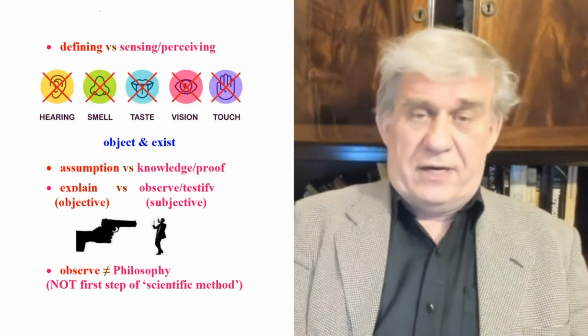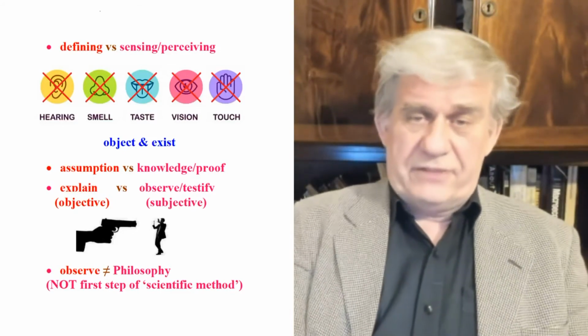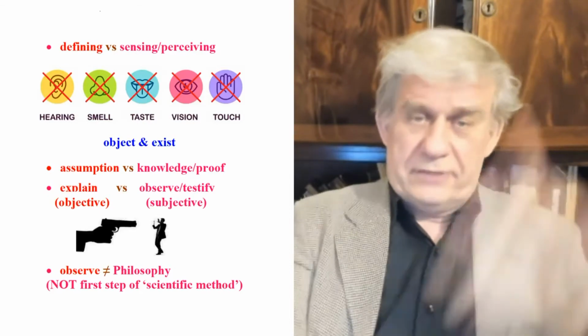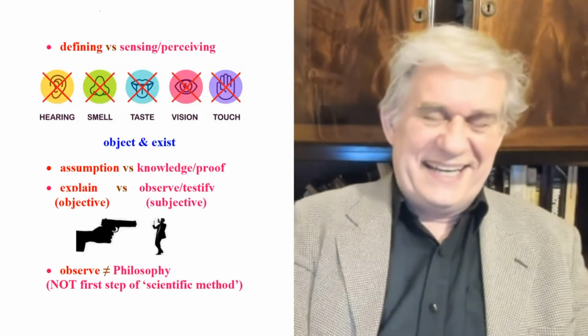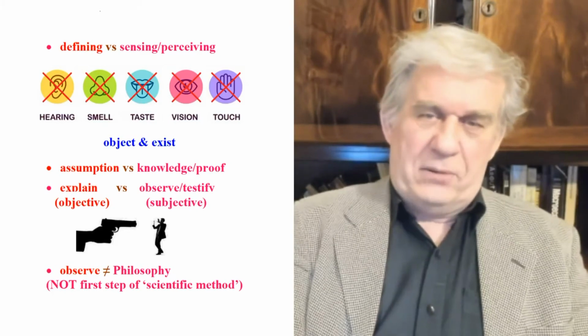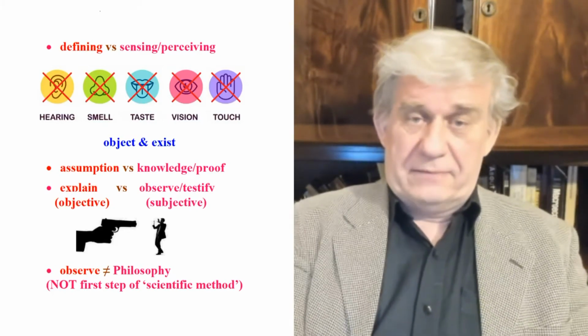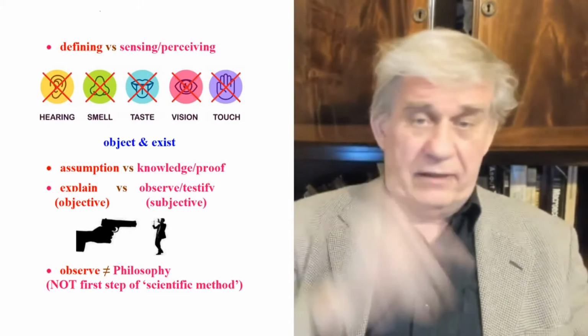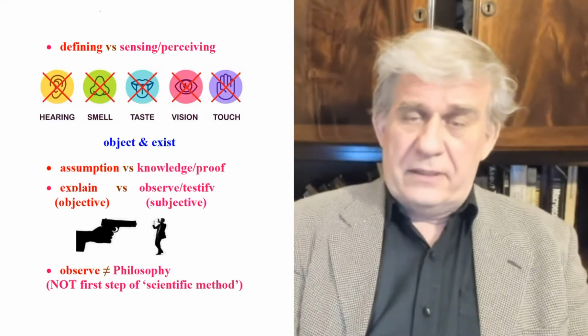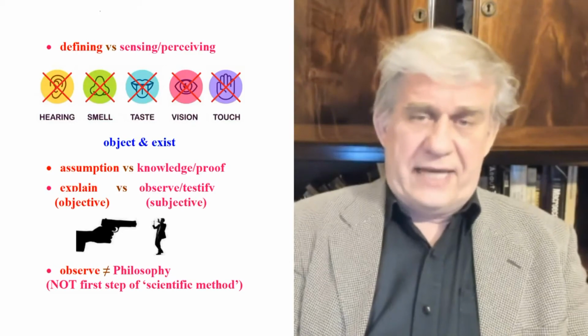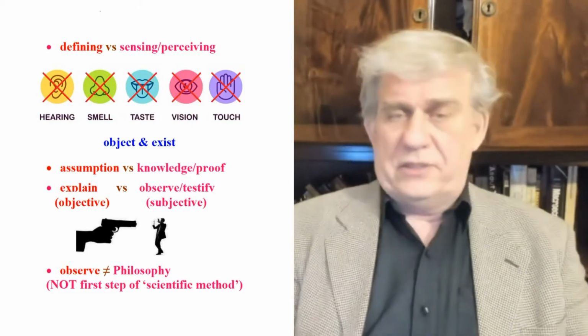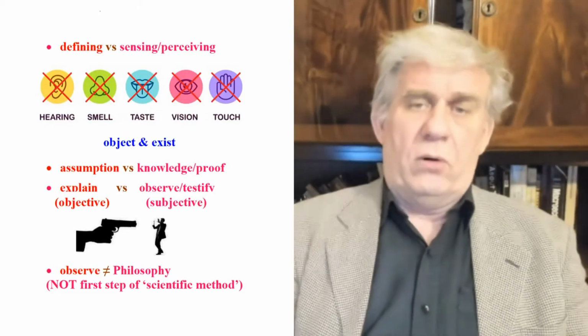Has Stephen Hawking, when he was alive, ever seen a black hole out there in space? Did he ever see a black hole? Did he touch a black hole? Did he smell one? Did he taste one? Did he hear one? No. Does that mean he cannot theorize and say, let us assume that there's such a thing as a black hole?